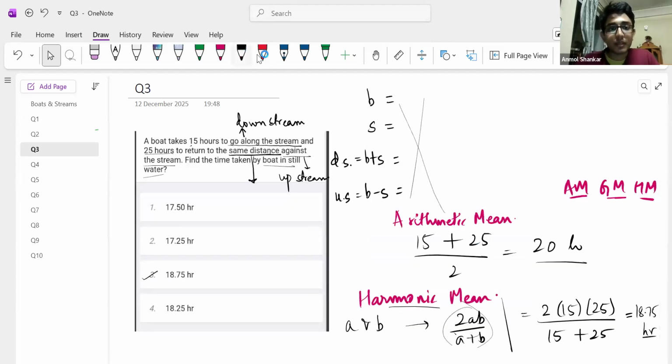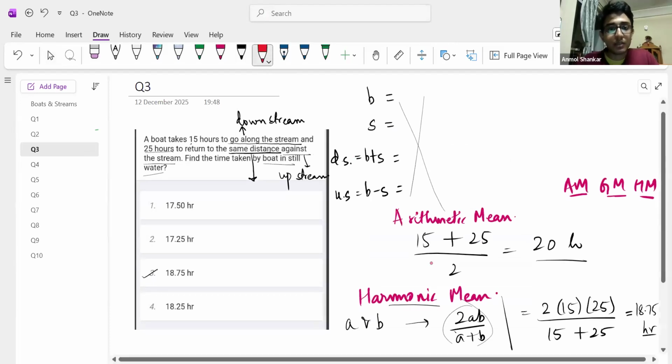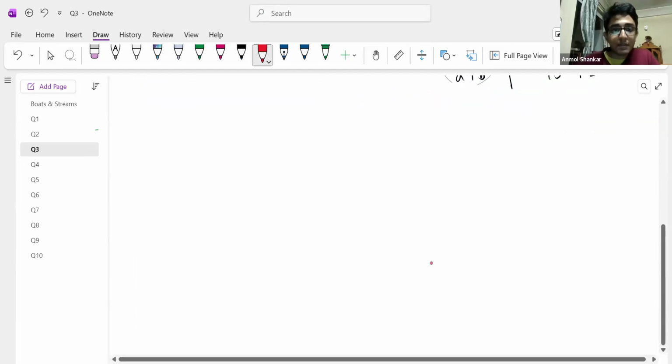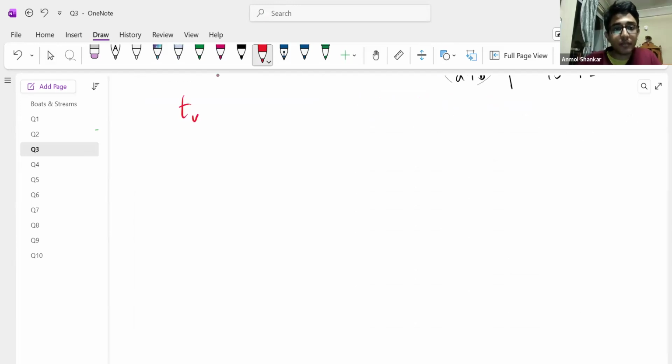Yeah. So என்ன பண்ணலாம்? So upstream time and downstream time. Okay, so upstream time let me call as TU, yeah, and TD வந்து downstream time to cover the same distance, right?